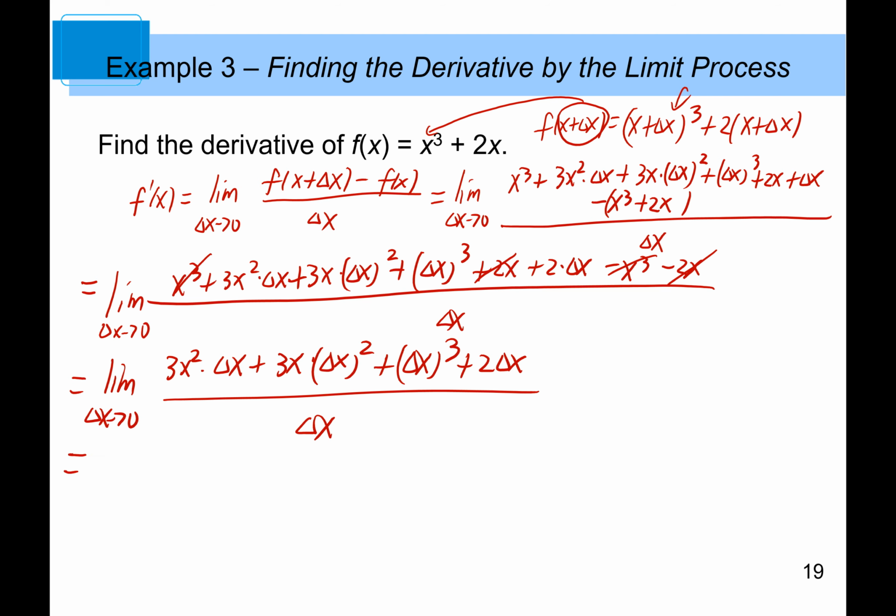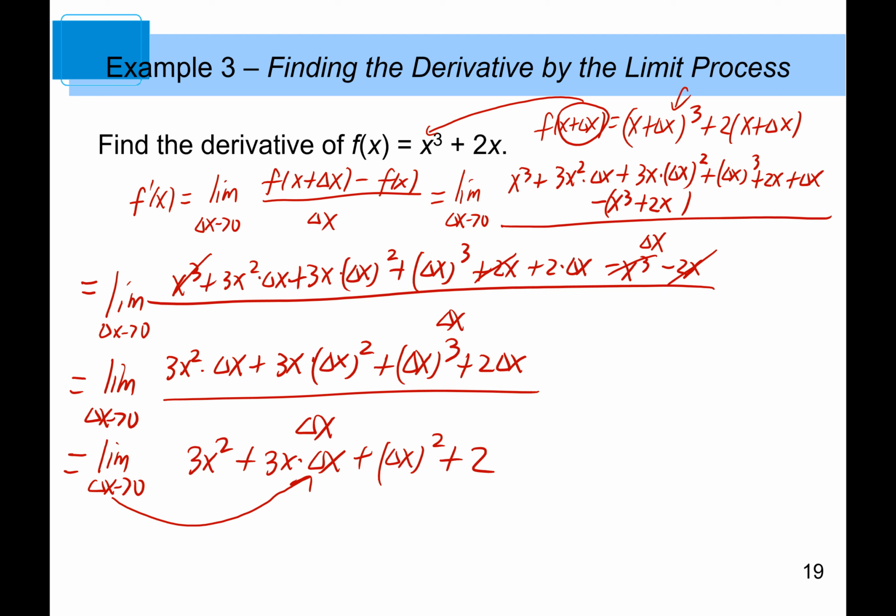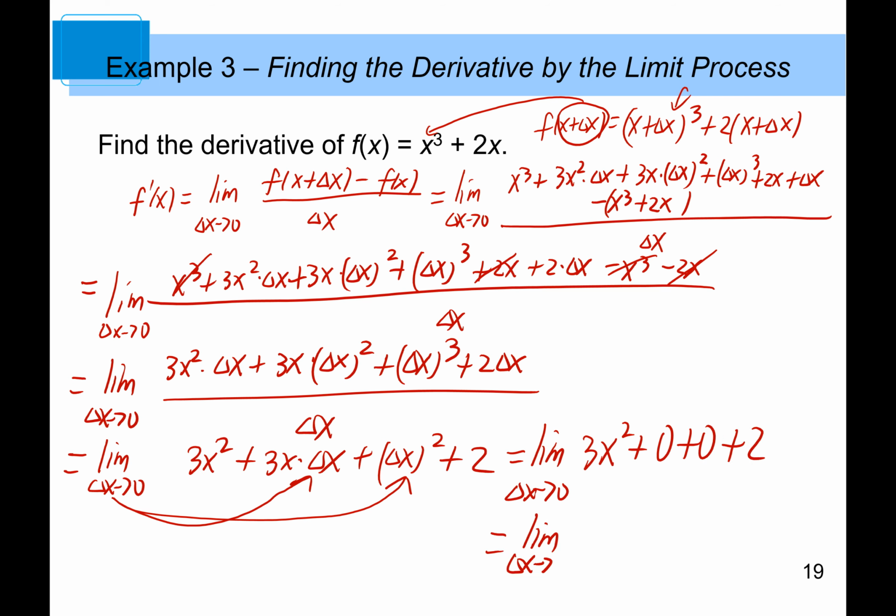We end up with 3x squared plus 3x times delta x plus delta x squared plus 2. Now when delta x approaches 0, we replace delta x with 0. So we end up with the limit as delta x approaches 0 of 3x squared plus 0 plus 0 plus 2.